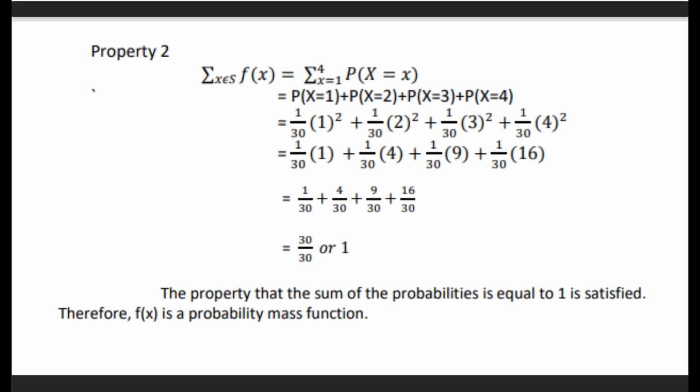Since property 1, f of x is greater than or equal to 0, and property 2, that the summation of the probability of x is equal to 1, are satisfied, then we can conclude that the given f of x is really a probability mass function.